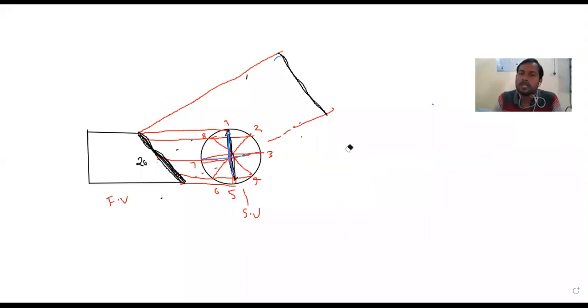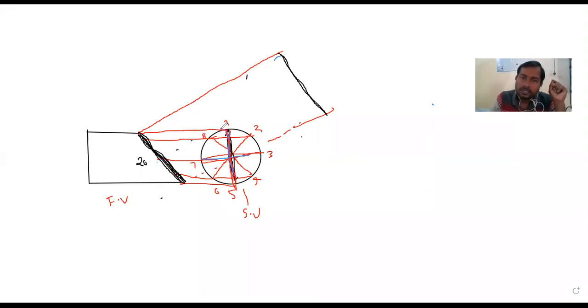So now let us discuss how to draw the remaining portion. This portion, this length, is completed. Now look at this carefully. I want to use a different pen.